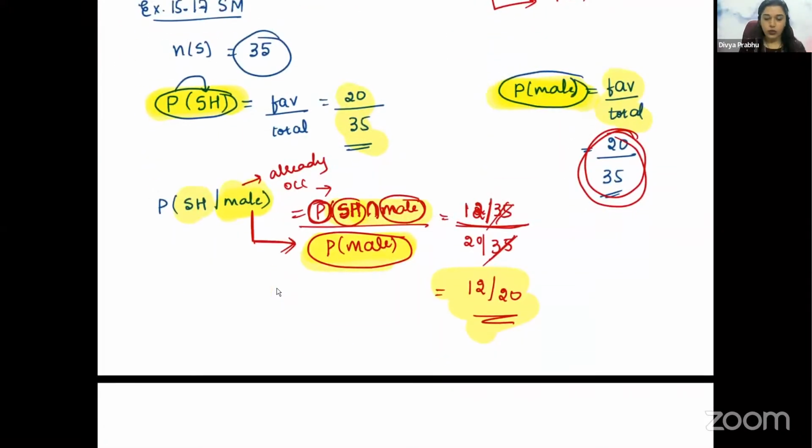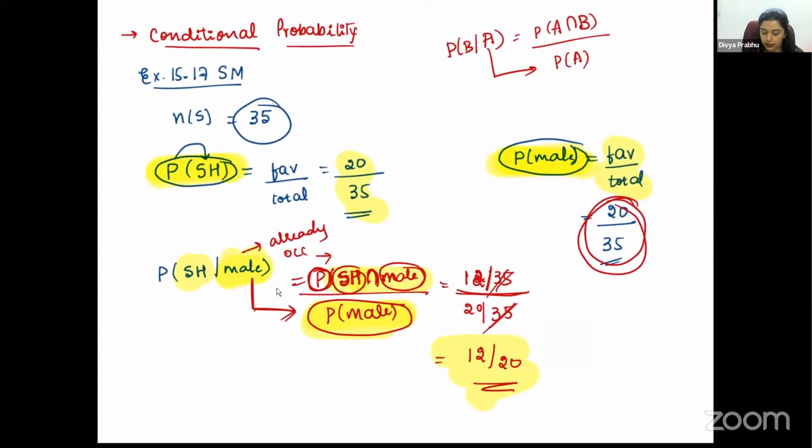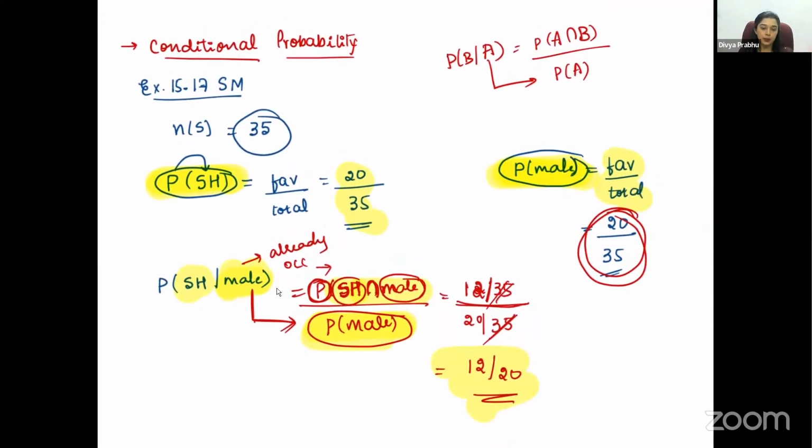So today's class will wind up. We just have two more concepts left in the probability chapter, which are joint probability and random variable. We'll quickly finish these in tomorrow's session and then move to the other chapters. After this, the pending chapters are theoretical distribution, statistical description of data and index numbers. All three are very, very simple chapters, purely dependent upon the formulas.